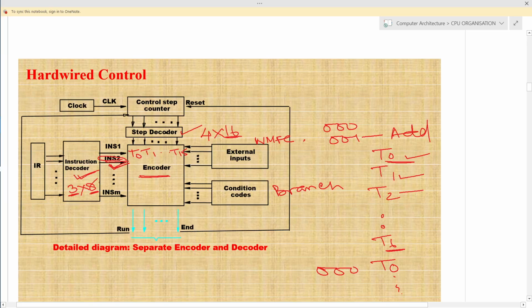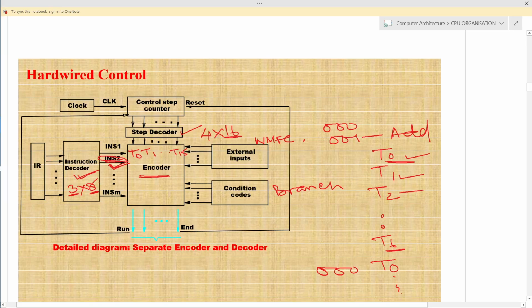And run and end are two different signals. When a control signal is at T0 and it needs more timing signals, then it passes the information to the control step counter to increase. So it will come to T1 and T2, and when the signal is completed, it will pass the end signal so that it will start from T6 back to T0.